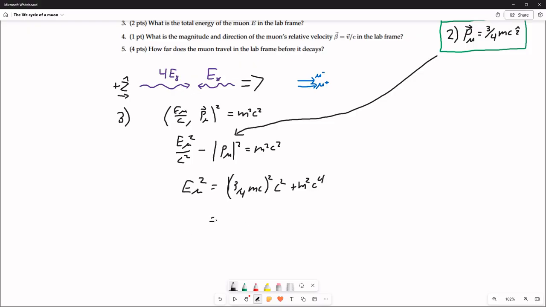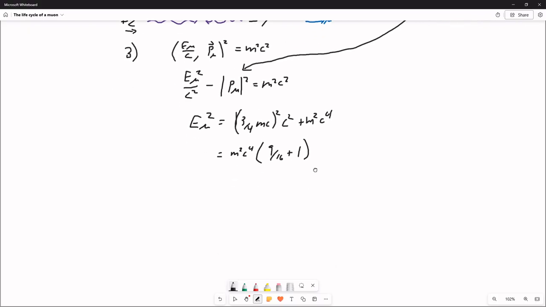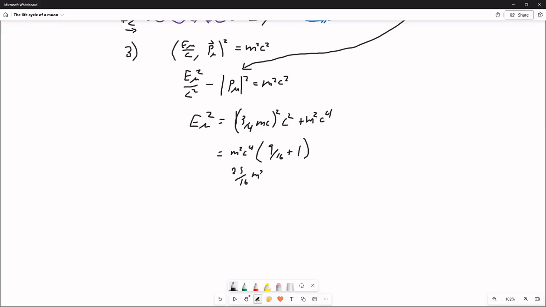Hopefully we can see that we can pull out m squared c to the 4th, and this is then going to be 9 over 16 plus 1, and that will give us a nice 25 over 16 m squared c to the 4th.